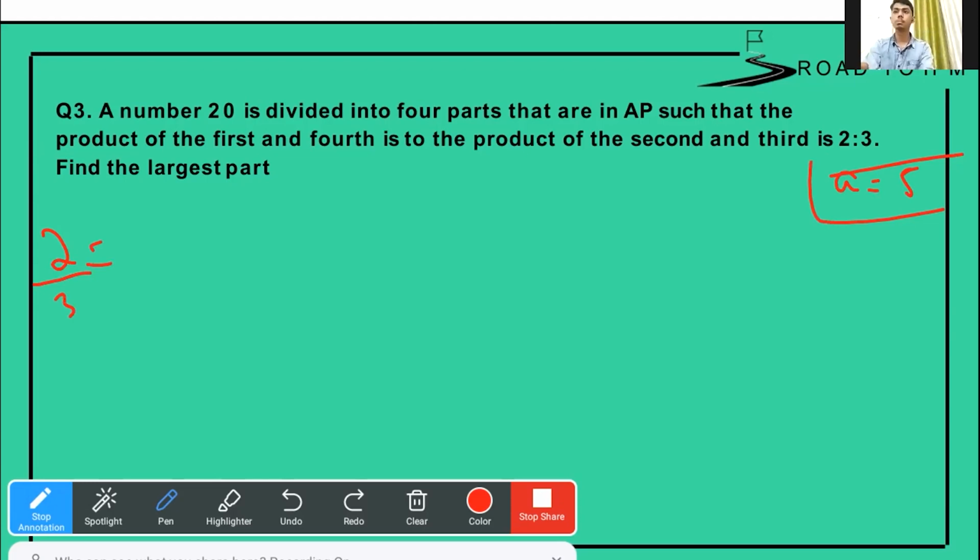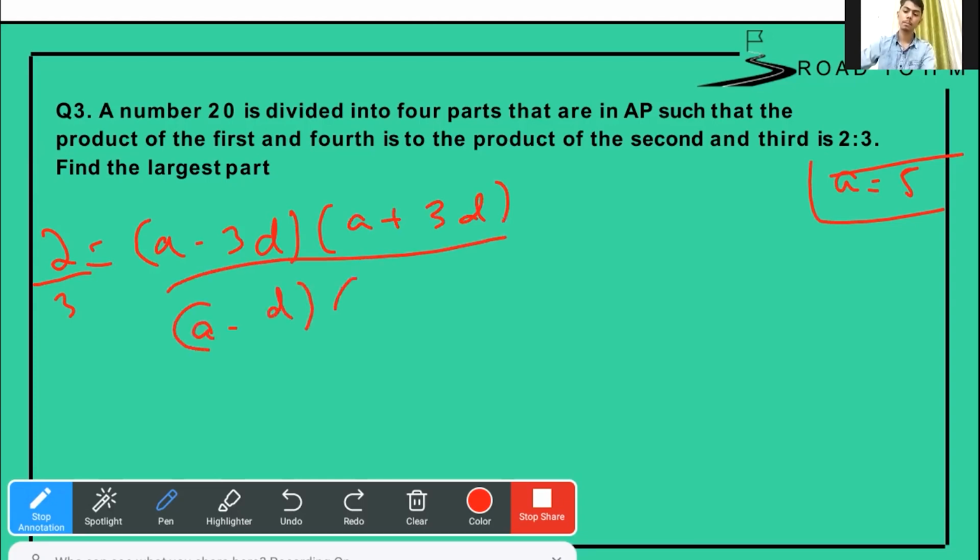The first term was A minus 3D, if you remember. I think you should jot down whatever I'm writing so that you will also be actively participating, right? A minus 3D, and the fourth term, that is A plus 3D, by A minus D multiplied by A plus D.